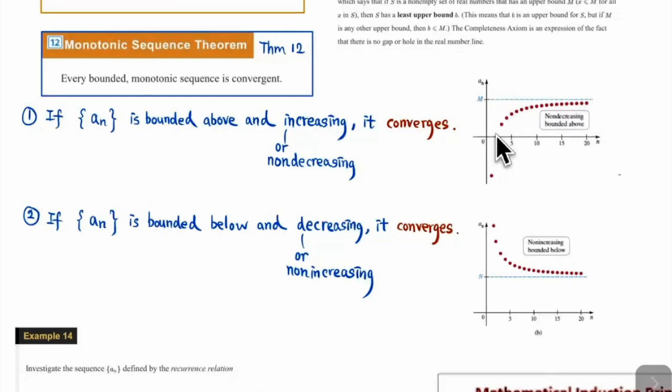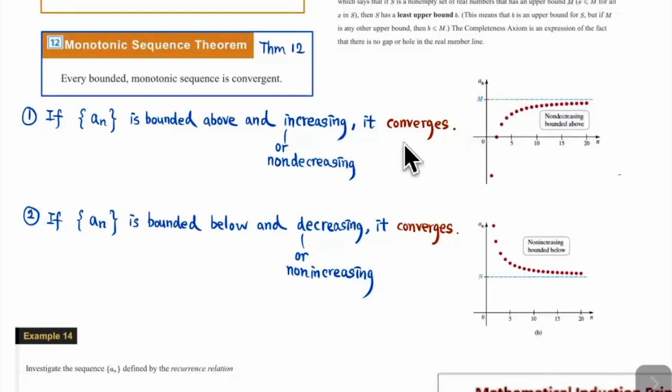Why? We haven't proved it; it's actually going to be a long proof. But the theorem says that if it's bounded above and the sequence is increasing, it has to converge. Actually it converges to the least upper bound.